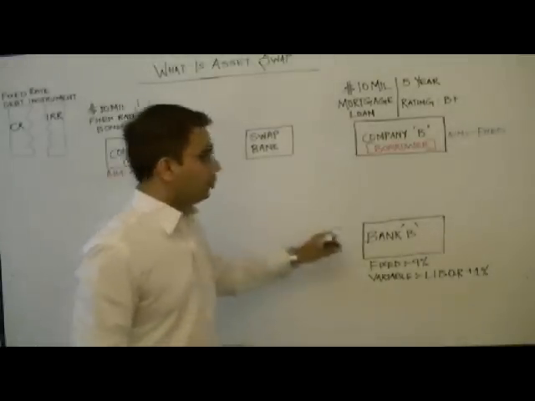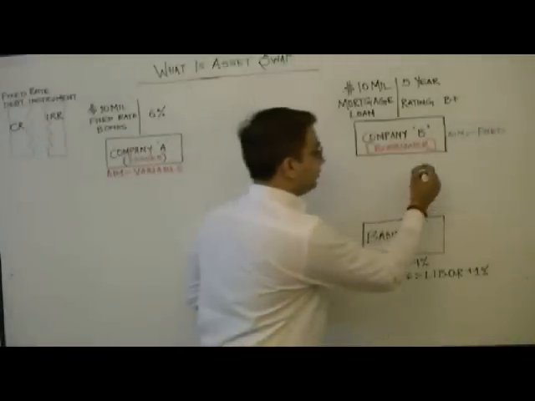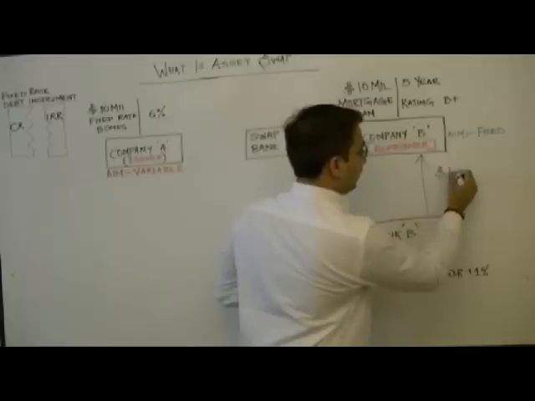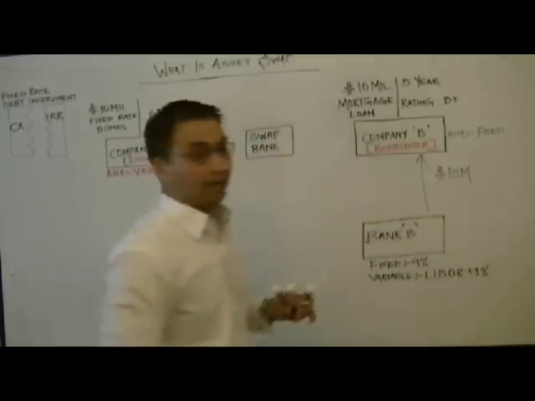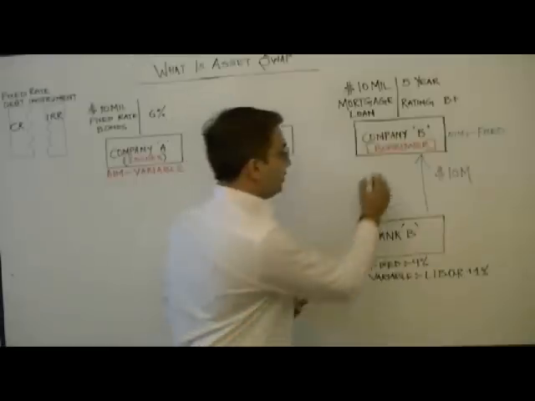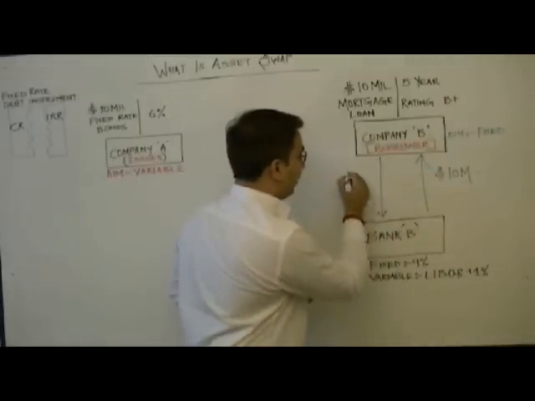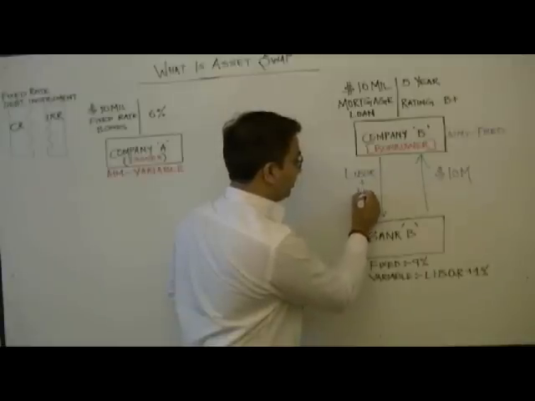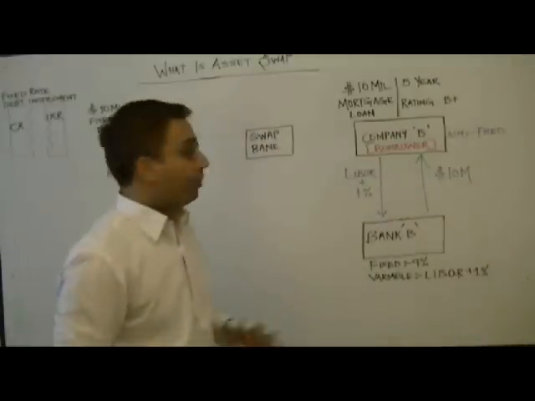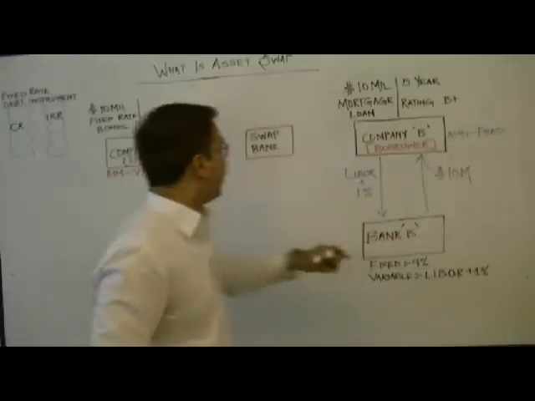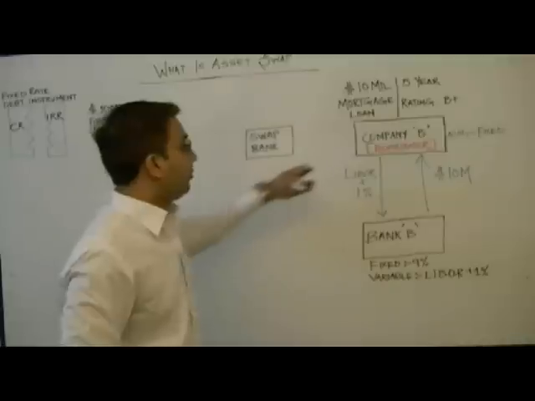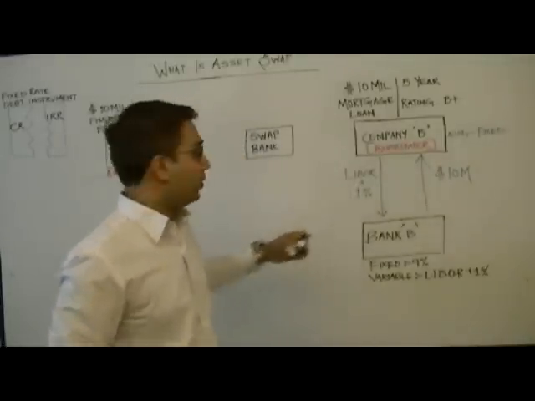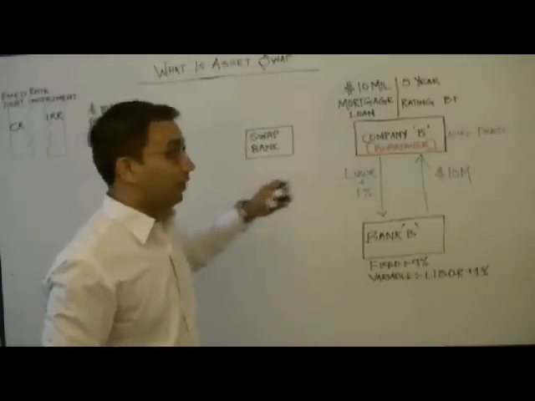Approach your bank, borrow a 10 million mortgage loan and pay LIBOR plus 1%. But company B's aim is to pay a fixed interest rate, so swap bank told company B, just opt for LIBOR plus 1%, the variable or floating interest rate, and I will definitely give you a better fixed rate of interest.